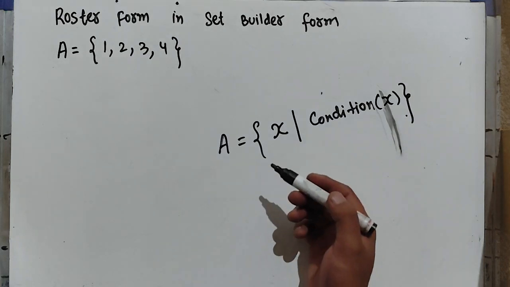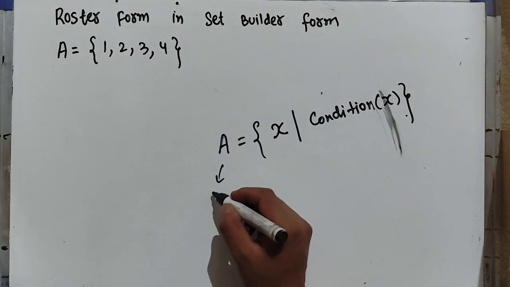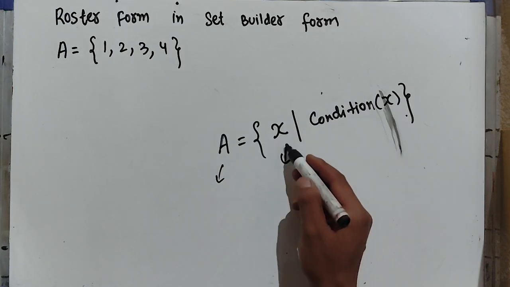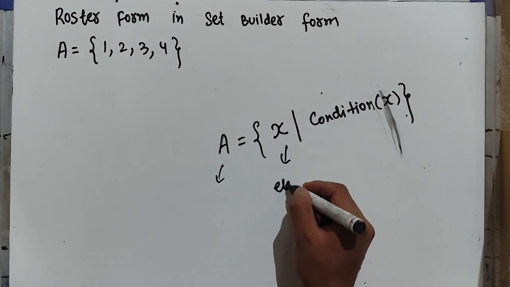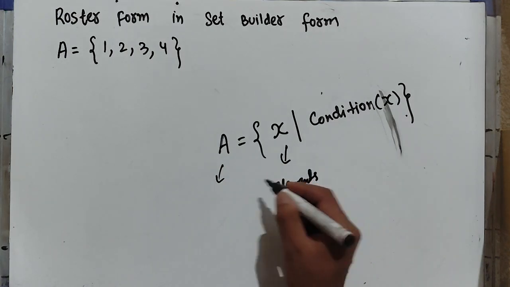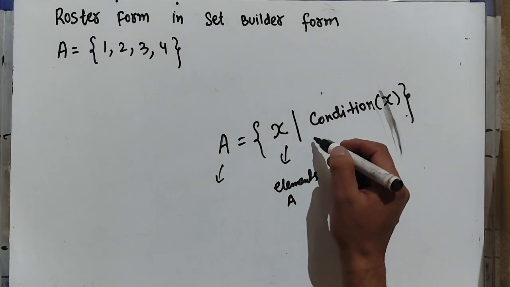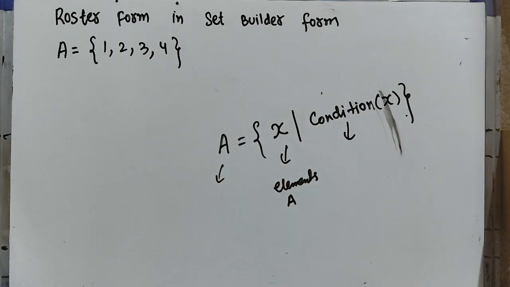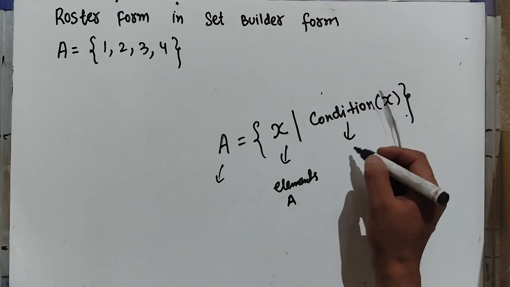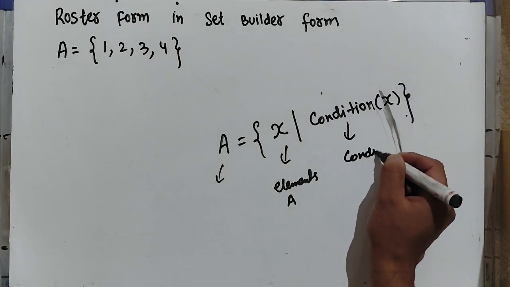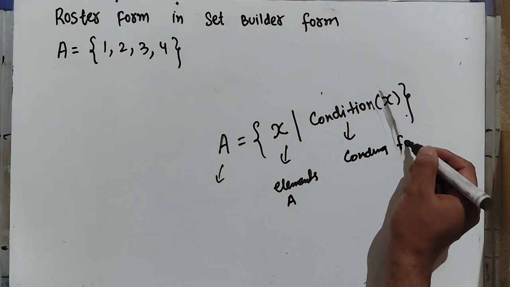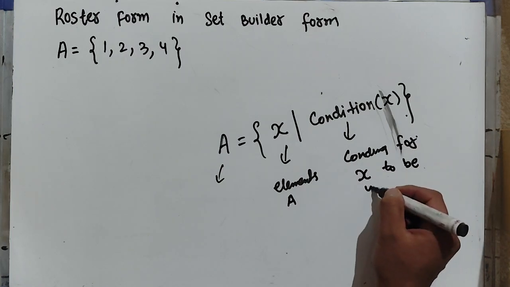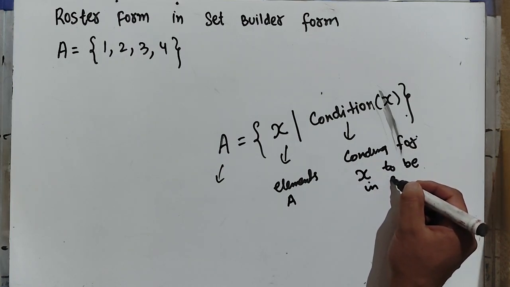This shows us the name of the set. Name of the set is A. So x, these are the elements in set A. Then we have the condition for x to be in this set A. So this is the condition for members x to be in set A.